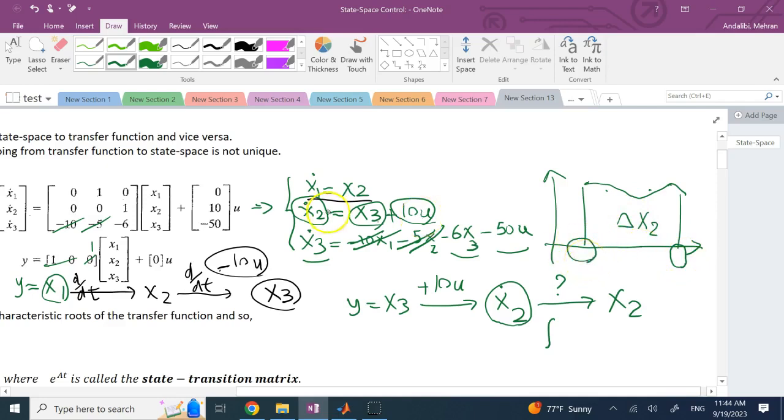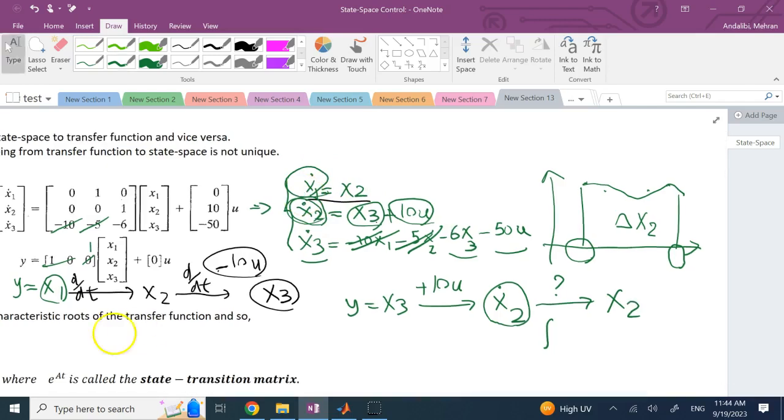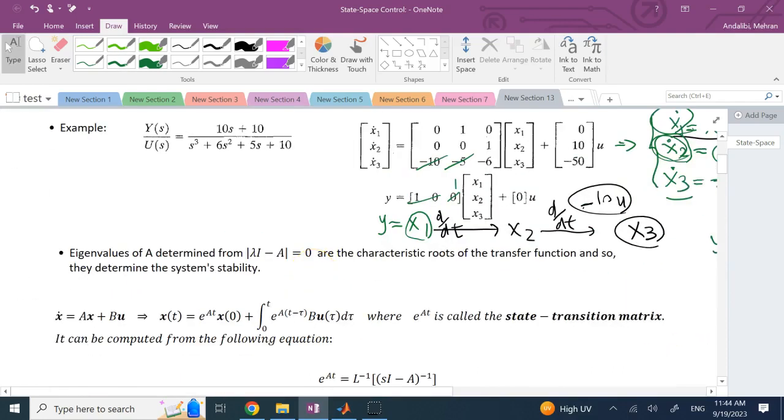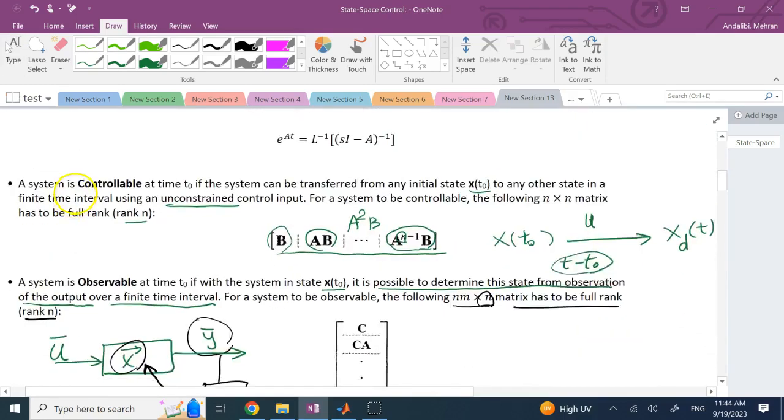So in this case, mode x2 is not accessible, and when x2 is not accessible, guess what? x1 is not going to be accessible as well. So none of them can be observable, and so both of these are out of observations. So that's why the rank of that matrix was 1.